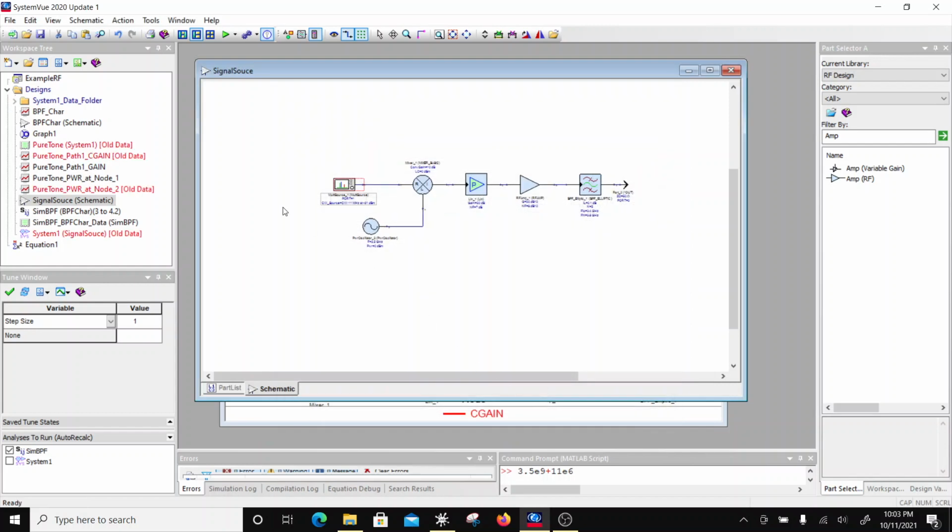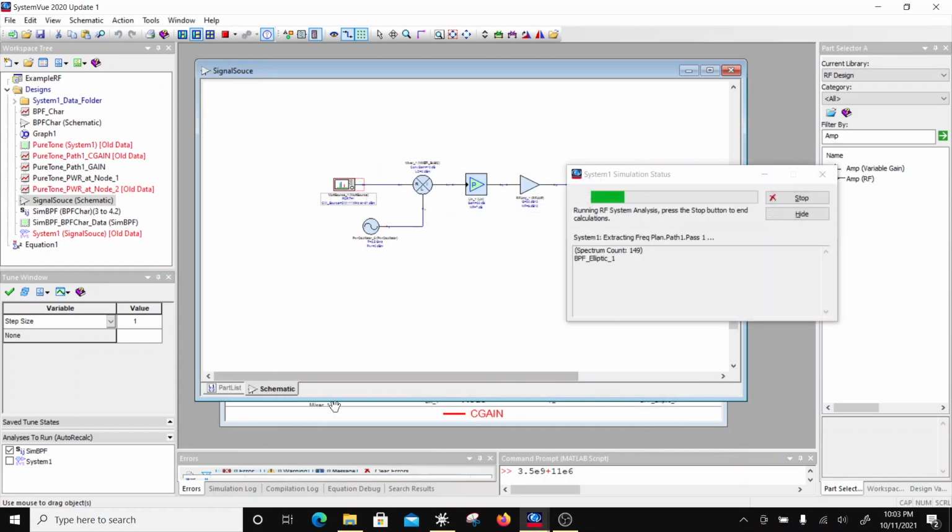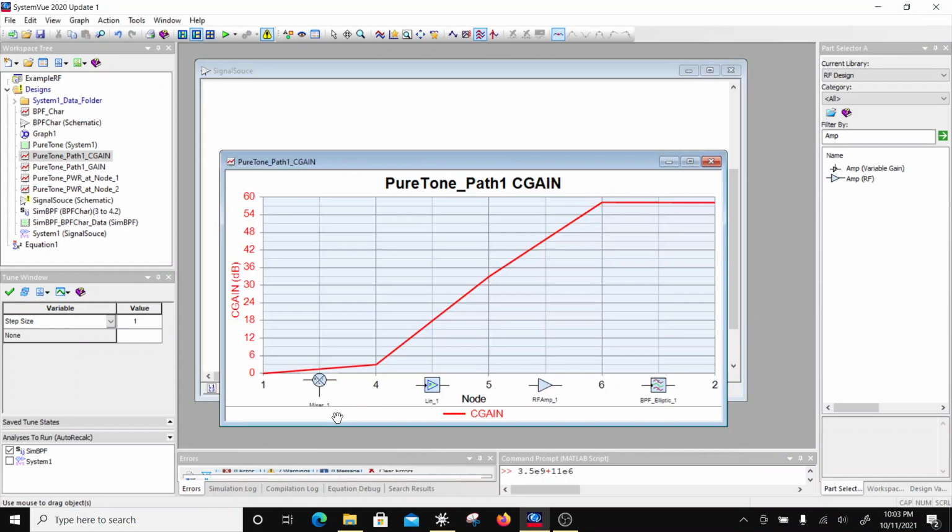Okay, say okay and run this again. So here, mixer, wow, 0 dB, 2.33 dB is strongly compressed.